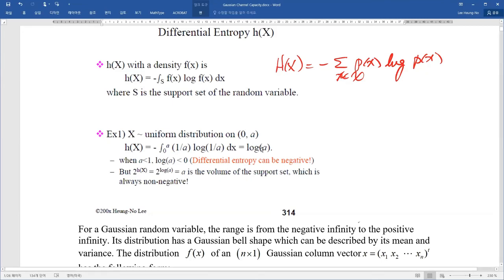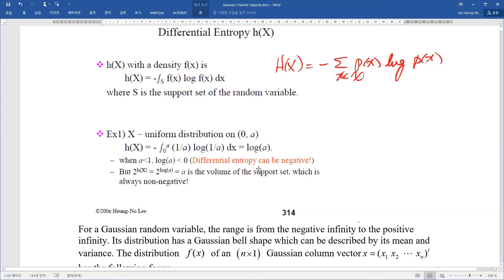Beyond the three-dimensional random variables, we can just say they are n-dimensional volume. So a means the volume of the support set, which cannot be negative, right?